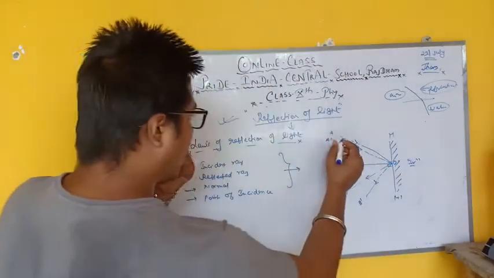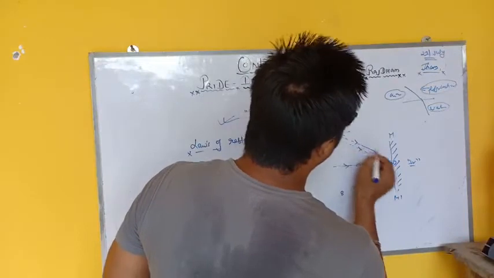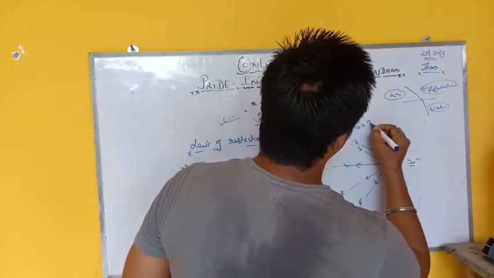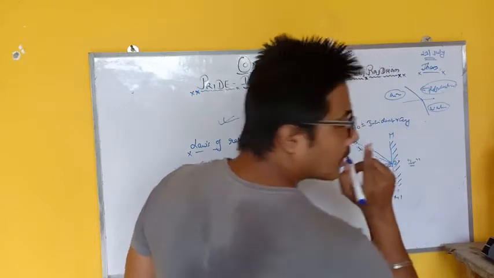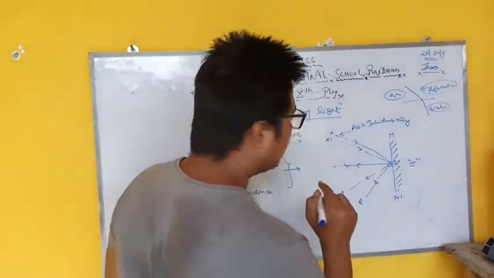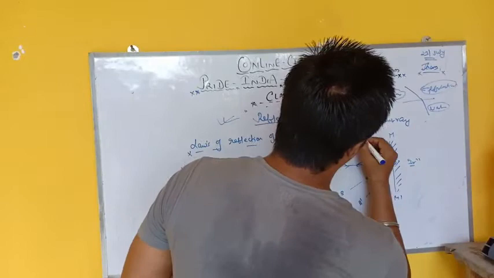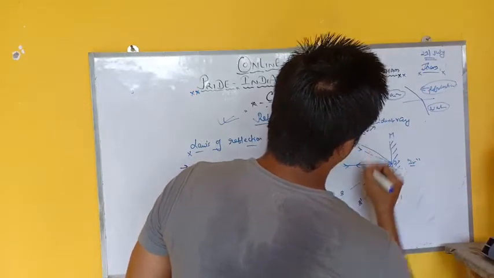So this AO is known as the incident ray. This A dash O is also known as the incident ray.